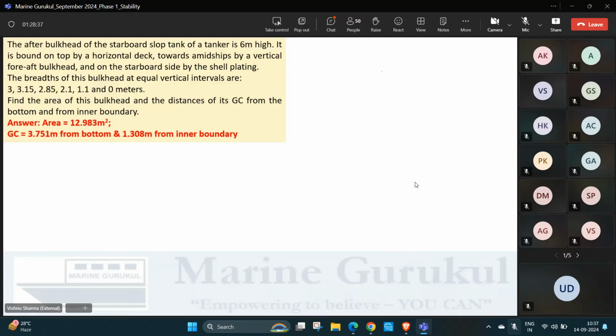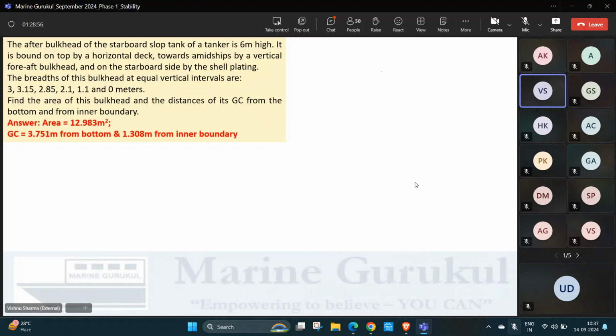Okay. Now, guys, again, visualization of the bulkhead. You don't have to worry about, I've never seen a tanker, how does the slop tank bulkhead look like? Guys, any bulkhead is a bulkhead. Many of you may have sailed on the tankers.